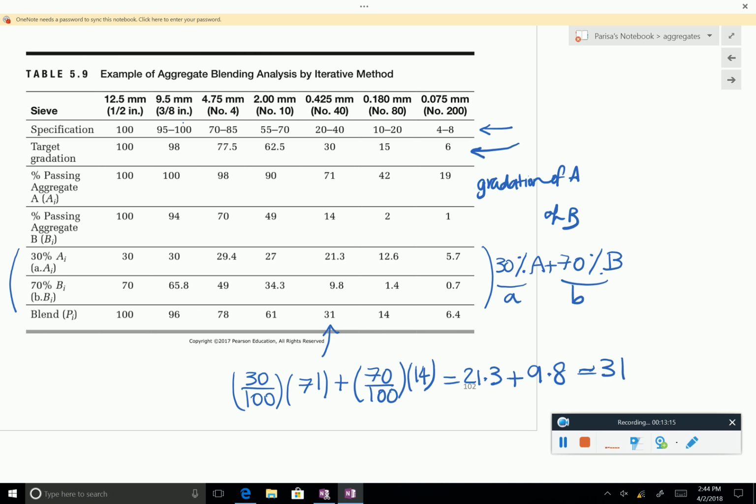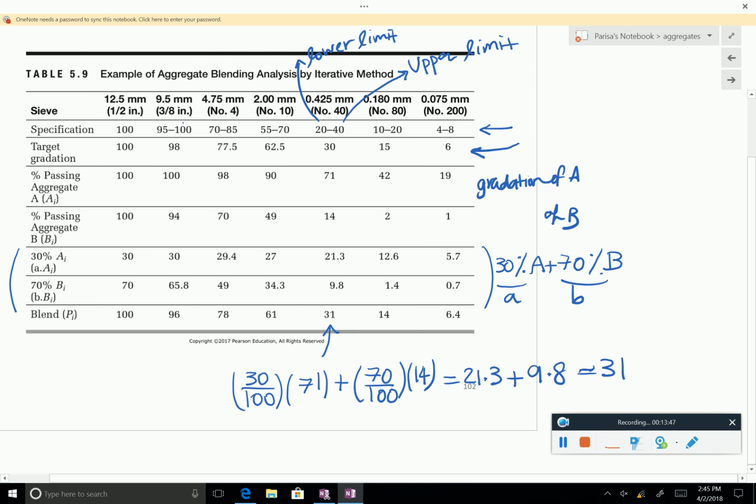In the homework problem, I don't want you to use any fancy method, whatever is in the textbook. Just use trial and error. You can change the percentages such that at the end your blend falls within the specification. The specs have an upper limit. For this one, the upper limit is 40% and the lower limit is 20.